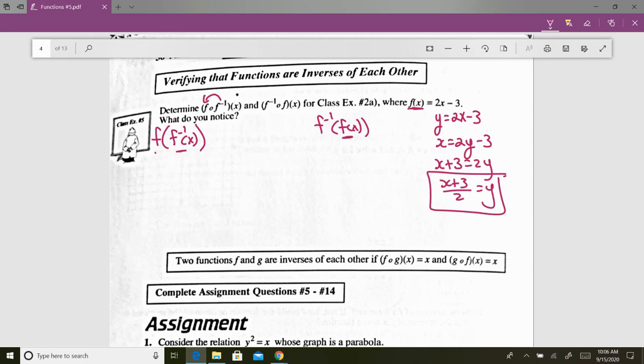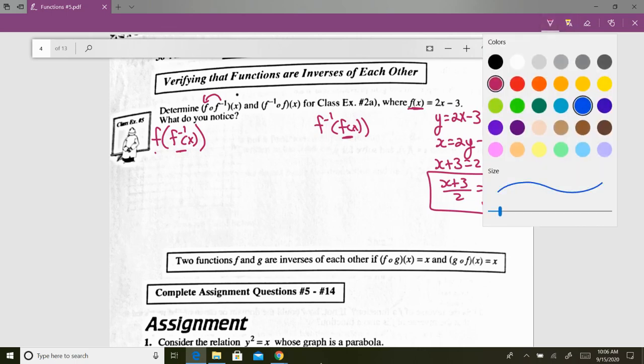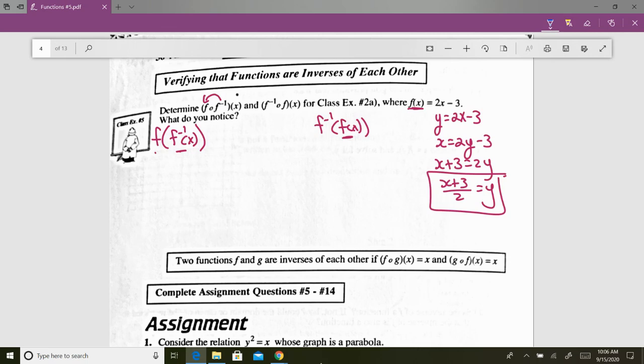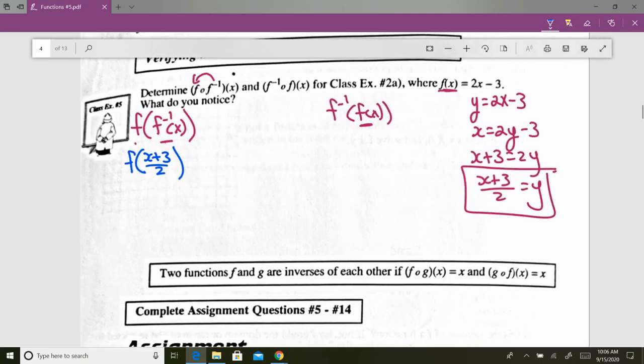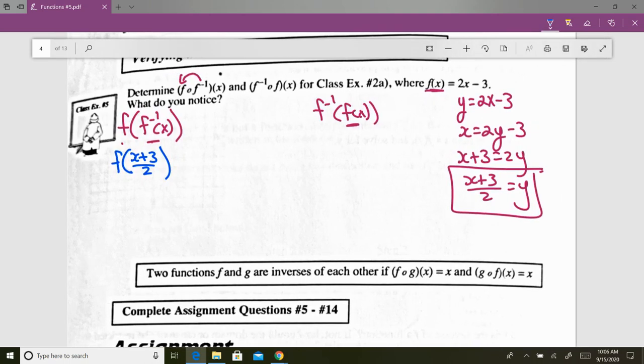All right, so now we can do the algebra. Instead of writing f to the minus 1, we're going to put the inverse in there. So x plus 3 over 2. Whatever's in brackets goes where? In for x.